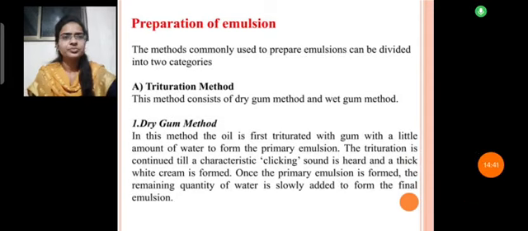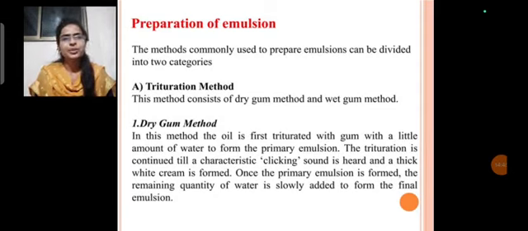Next is the preparation of emulsion. The methods commonly used to prepare emulsion can be divided into two categories. First is the trituration method and second is the bottle method. In the trituration method, there are also two methods. First one is the dry gum method and second is the wet gum method.